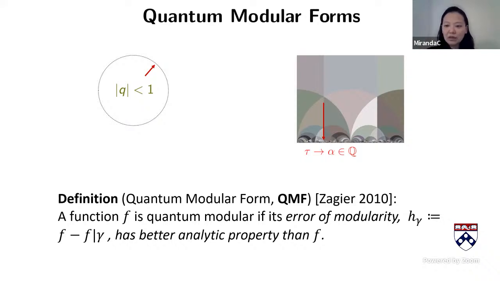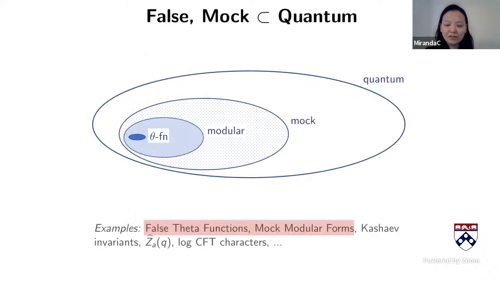So why does that generalize the idea of a modular form? Because if f is just a modular form, then h of gamma is 0 for all gamma. So 0 has fantastic analytic properties. That's why modular forms furnish an example of the broader definition of quantum modular forms. In some kind of simplified Venn diagram, we have the quantum modular forms, and they contain the modular forms, as we said before.